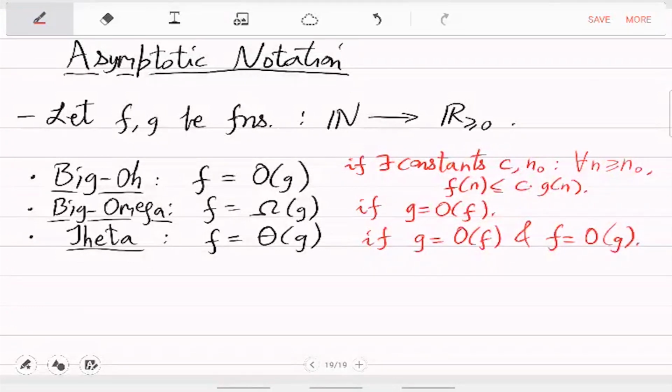Okay, g is less than or equal to some constant times f, which is less than or equal to some constant times g. So f and g are practically the same. That is what theta is saying. So theta is a good bound. Okay, ideally you want theta.